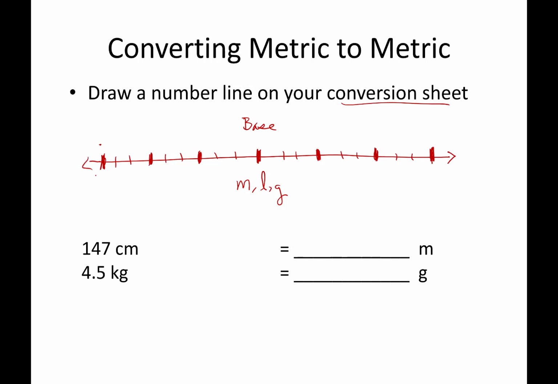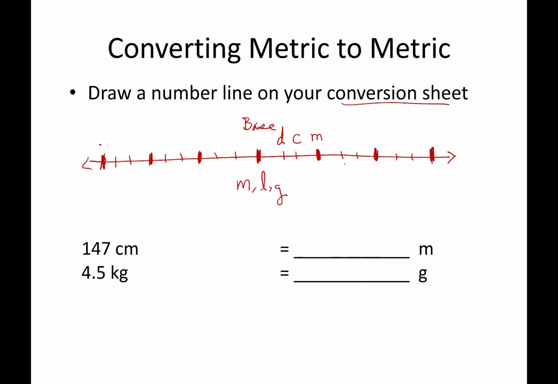Now we're going to have to put some symbols on this to make it useful. If I'm going too fast, hit pause at any time so you can catch up. The first little line to the right, put a little lowercase d for deci. The next little line to the right, lowercase c for centi. The first big bold line to the right, lowercase m for milli.